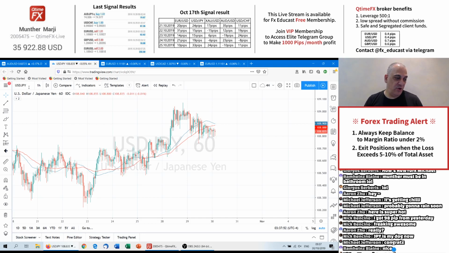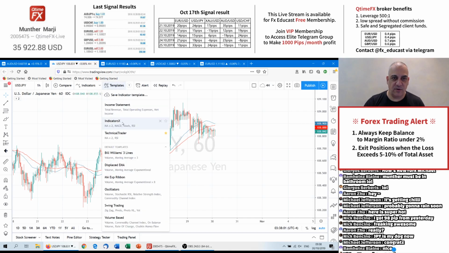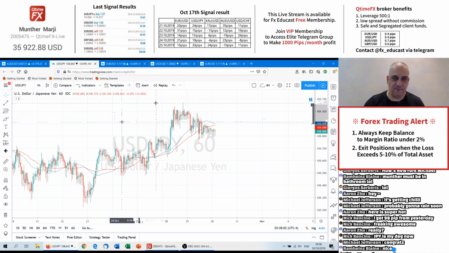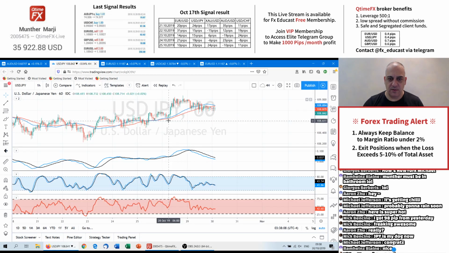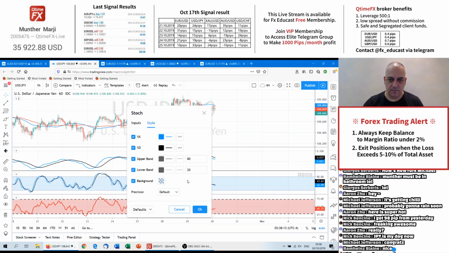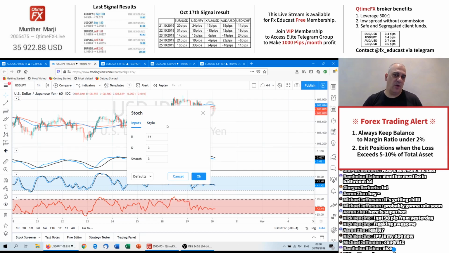Munther, can you share the stochastic setting? Of course, man. This is my indicator template. These are my indicators, buddy. And these are the settings that I use, which are the default settings on this charting platform that I use.